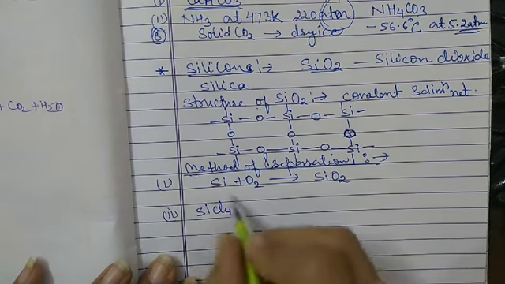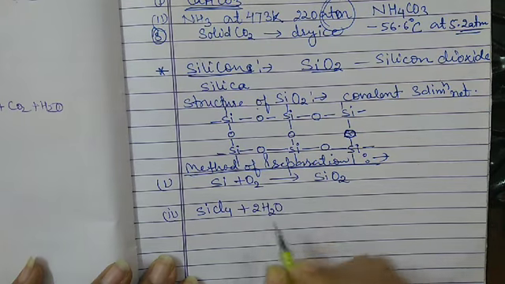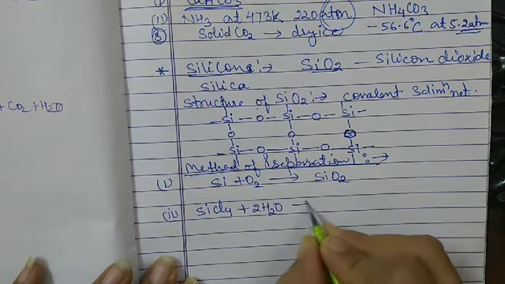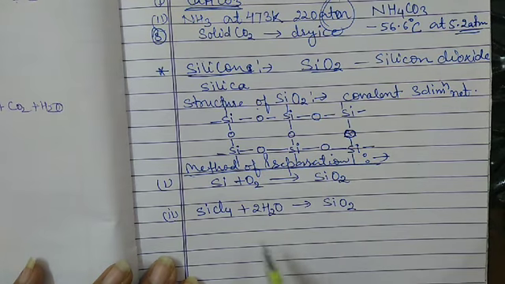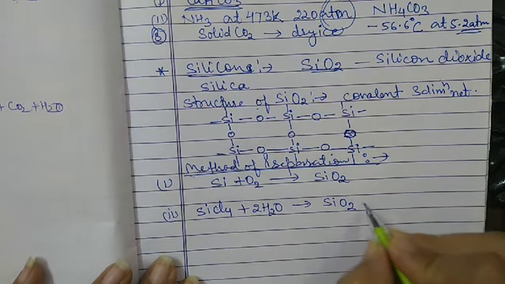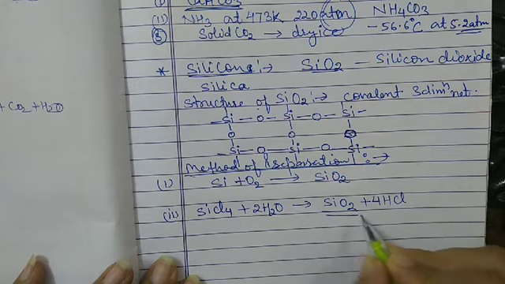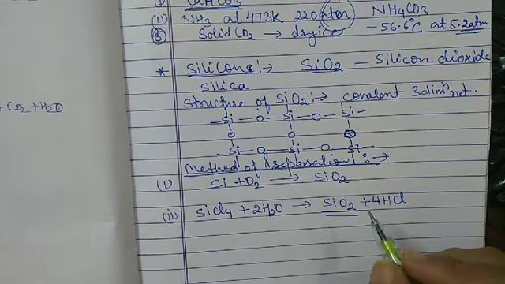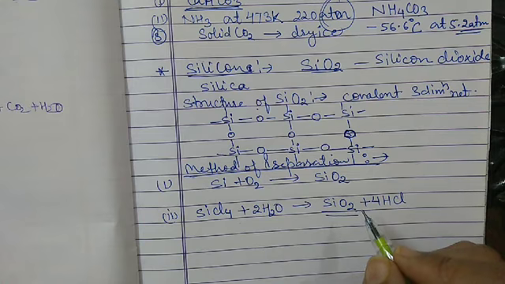So when silicon tetrachloride is treated with water, we get SiO2 and 4HCl. So this is another method to prepare silicon dioxide.